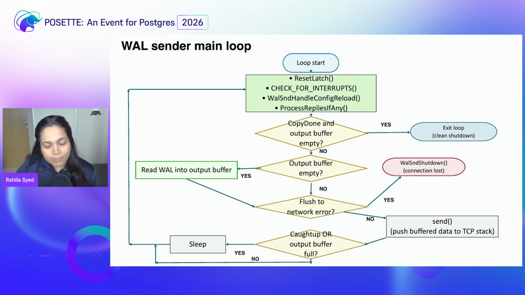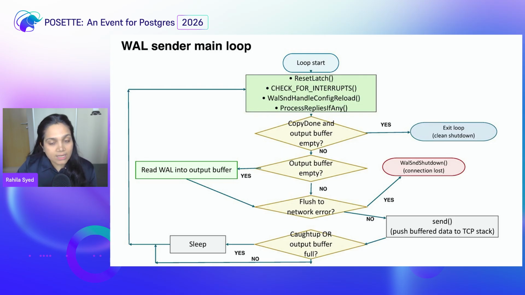When both copy done is received and the output buffer is empty, the WAL sender will exit. This is the regular or clean shutdown of the WAL sender. The output buffer is used by the WAL sender to copy WAL records from WAL buffers before sending them over the network.